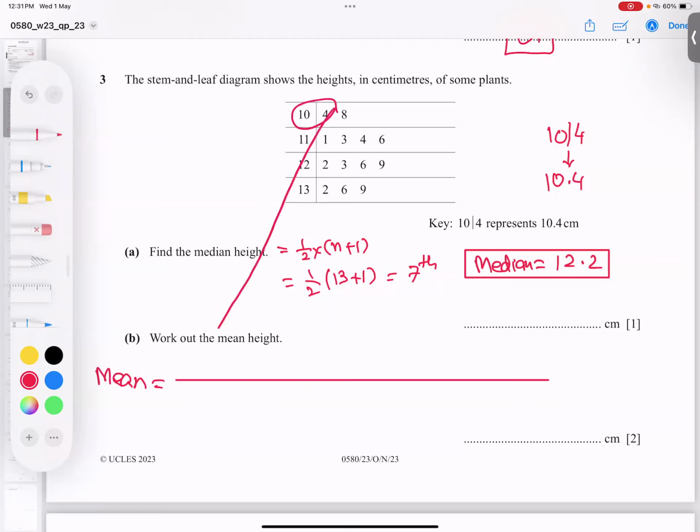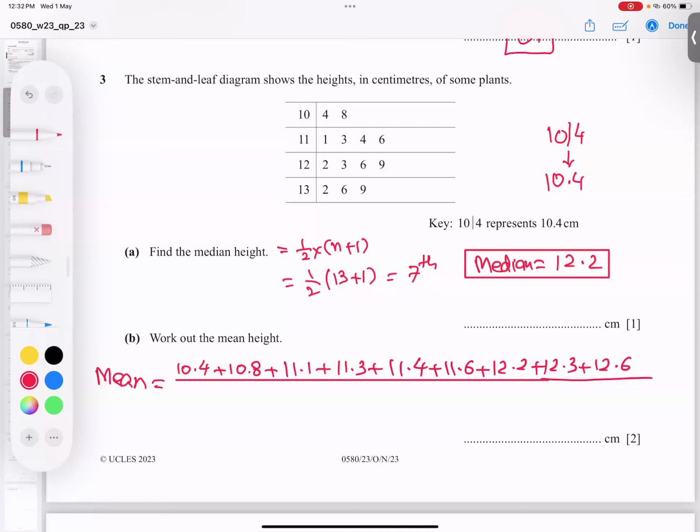So this is 10.4, 10.8. Then 11.1, 11.3, 11.4, 11.6, then 12.2, then 12.3, and 12.6.